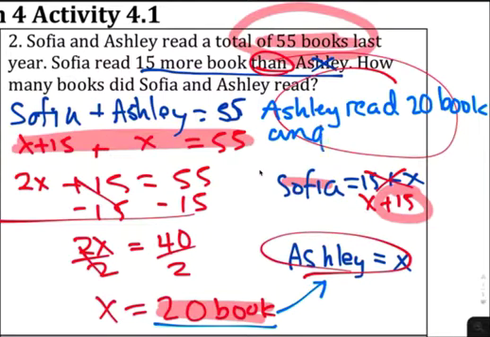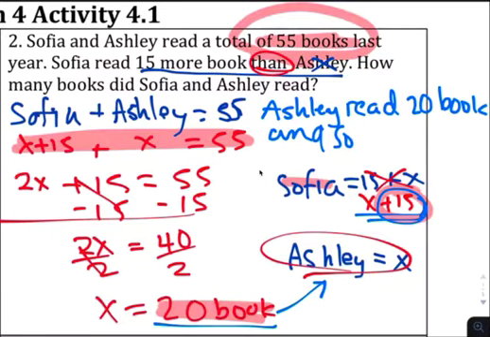And Sophia read 20 more, 15 more, see? So 20 plus 15 is 35. Sophia, I have a niece named Sophie, so Sophia read 35 books. So that's your answer there.